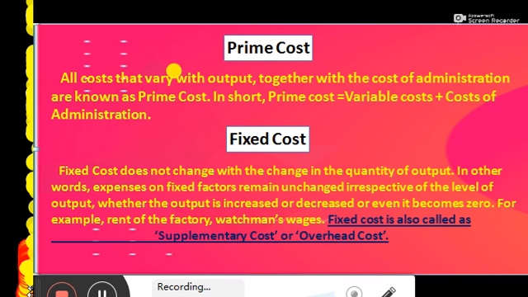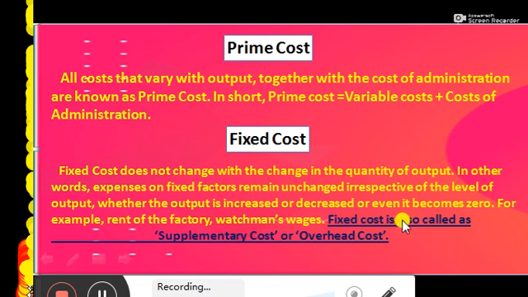In other words, expenses on fixed factors remain unchanged irrespective of the level of output, whether the output is increased or decreased, or even becomes zero. For example, the rent of the factory, watchman's wages, etc. These are costs that institutions must bear, they have to spend. So this is the fixed cost.